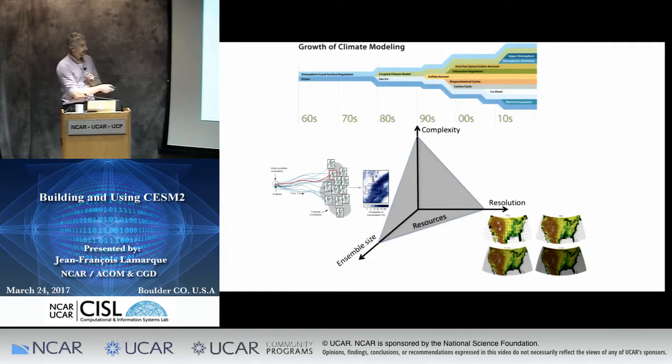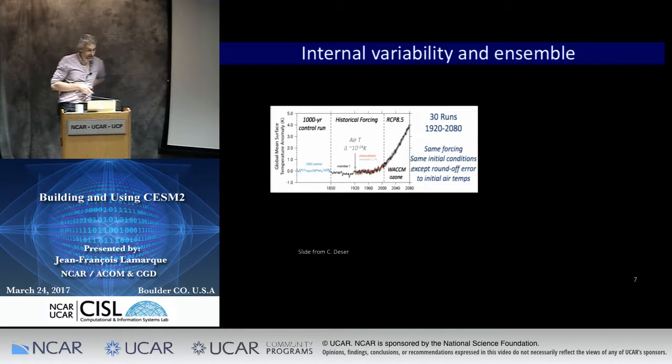And then one thing that I think has been really annoying for us in a way is this ensemble thing. I'm just going to discuss what we're talking about here. The ensemble is really trying to capture some knowledge of the internal variability of the system.